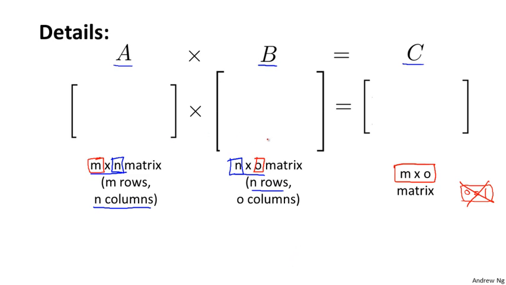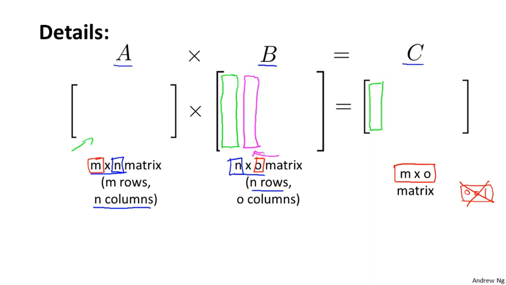So here's how you multiply together the two matrices. What I'm going to do is take the first column of B and treat that as a vector, and multiply the matrix A with the first column of B. And the result of that will be an m by 1 vector, and I'm going to put that over here. Then I'm going to take the second column of B, right? So this is another n by 1 vector.